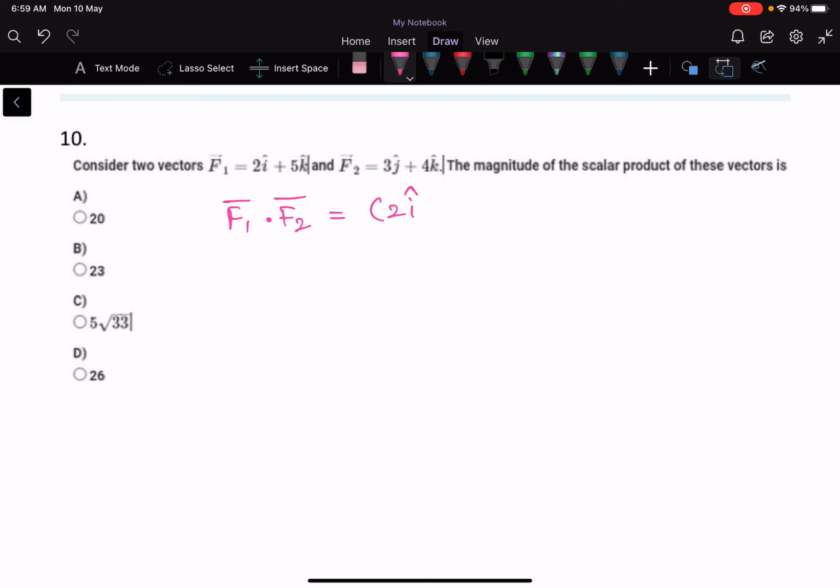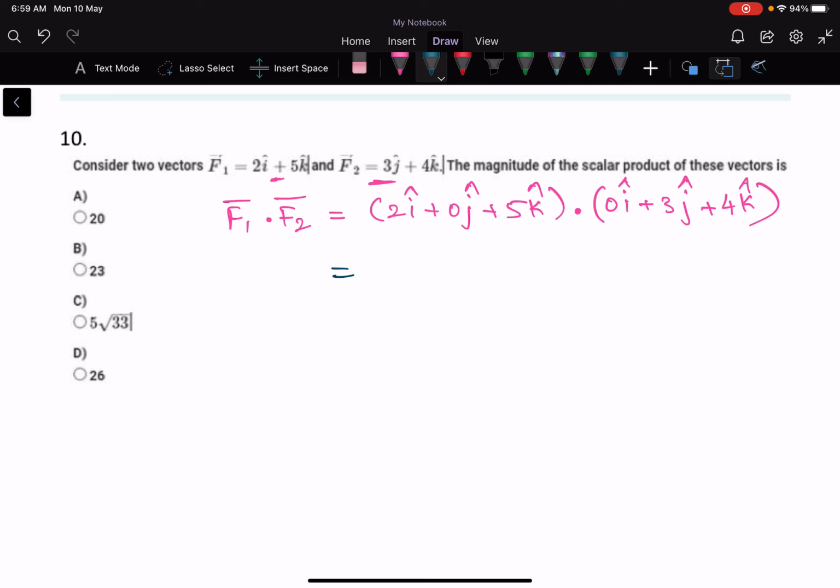So F1 is 2i plus 0j plus 5k, dot F2. There is no x component here, so I am simply writing it as 0i plus 3j plus 4k. Now the dot product is the summation of the products of respective components.